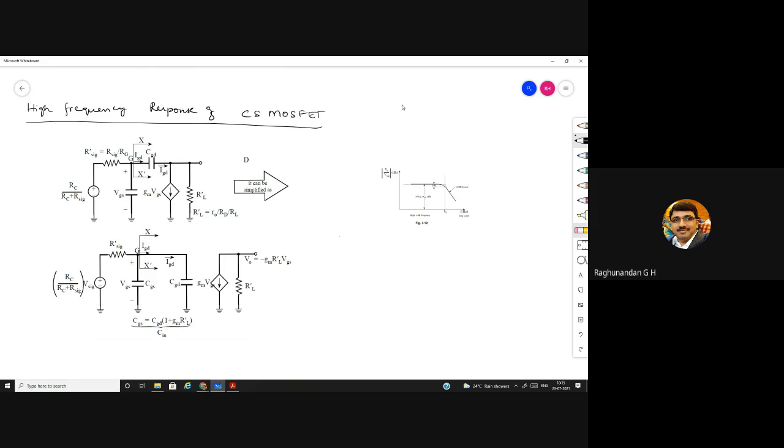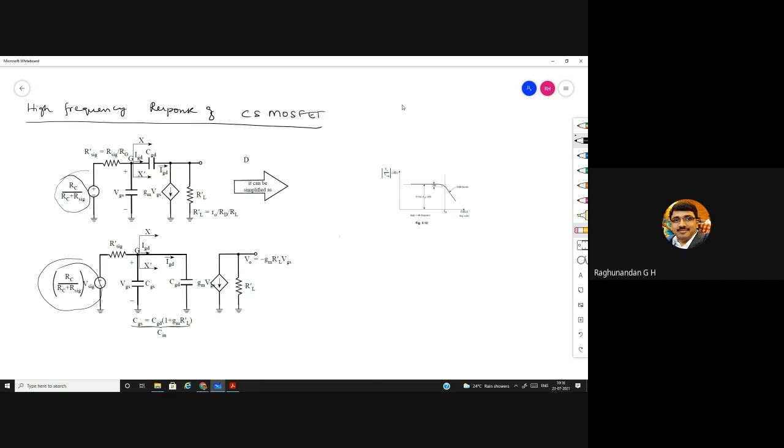To find the resistance which is across this, we are going to apply the voltage divider rule, and based on that we are going to write this equation. First we'll write the overall resistance which is being offered.